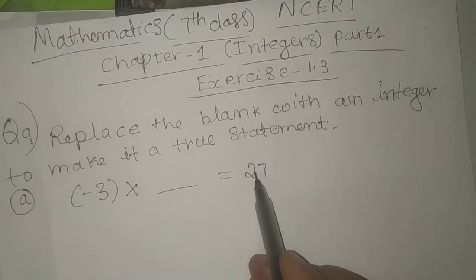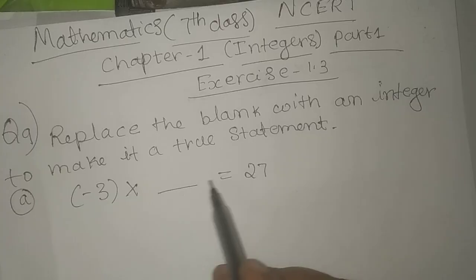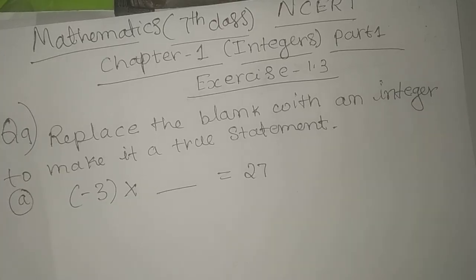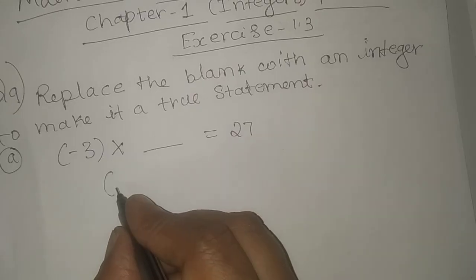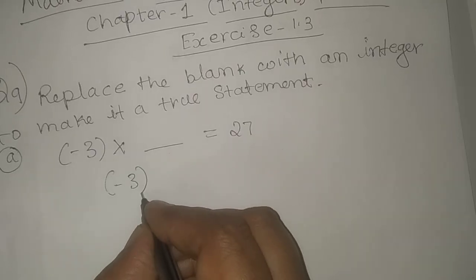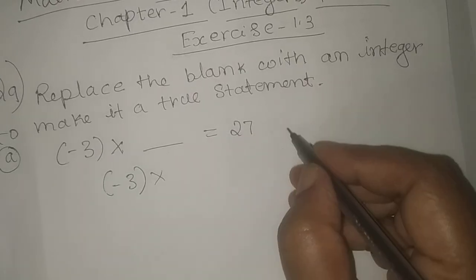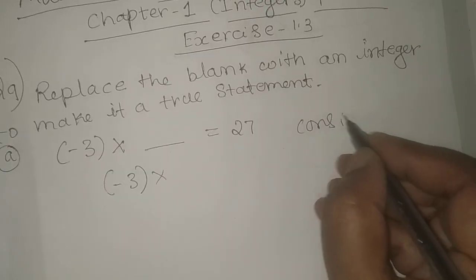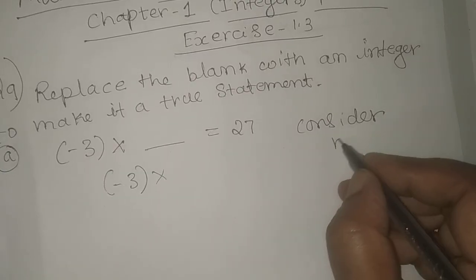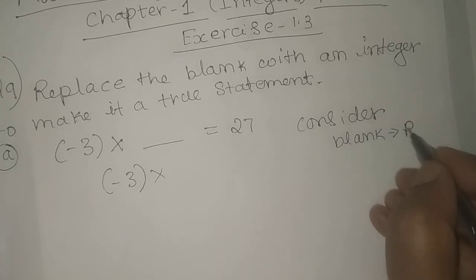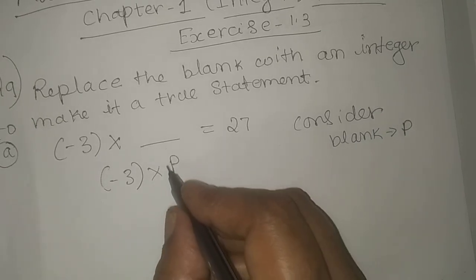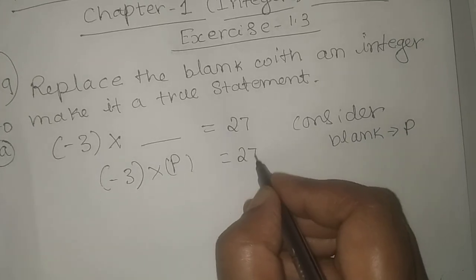So minus 3 is given, then blank into dash is equal to 27. Therefore minus 3. So consider blank as P. I'll substitute P here, which is equal to 27.